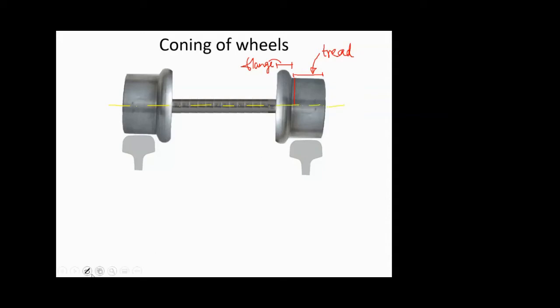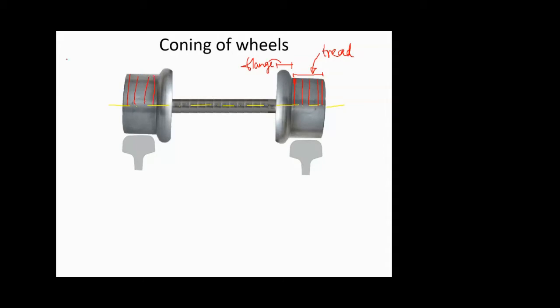If I find out the radius at this point, this radius will be something r. This radius will be the same wherever I measure on this wheel, and the same on the other wheel as well. So the radius is not changing.